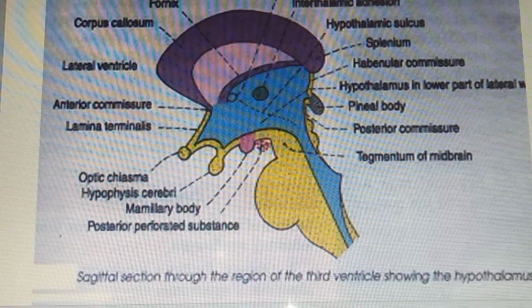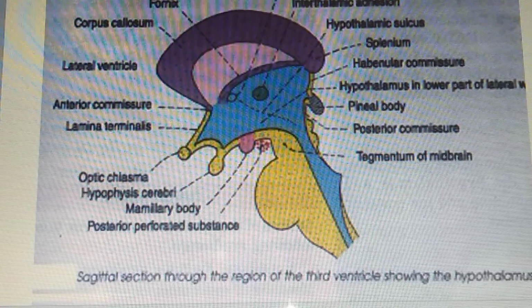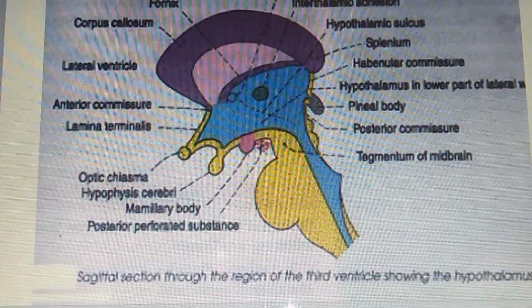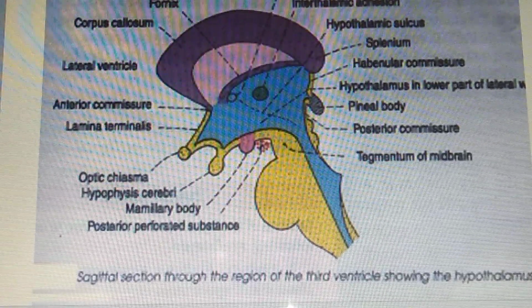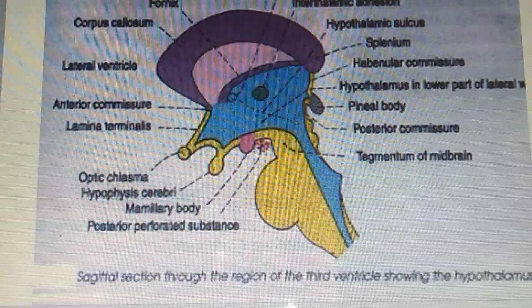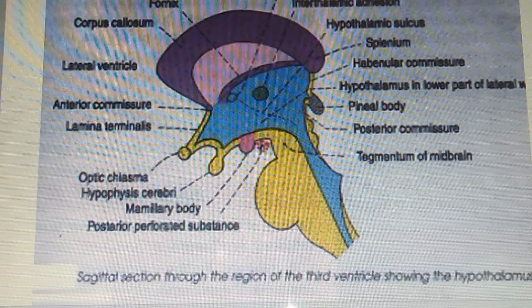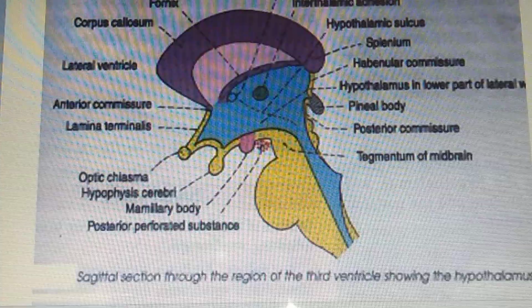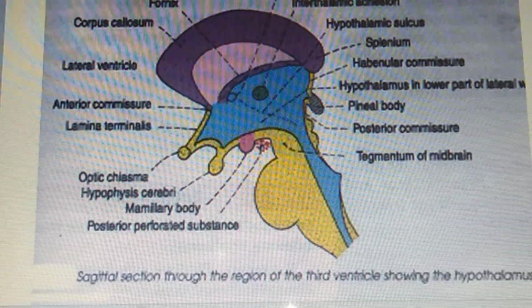Next is the clinical anatomy. In clinical anatomy, we can say the third ventricle is a very narrow space which is easily obstructed by local brain tumors or by developmental defects. The obstruction leads to raised intracranial pressure in adults and hydrocephalus in infants.